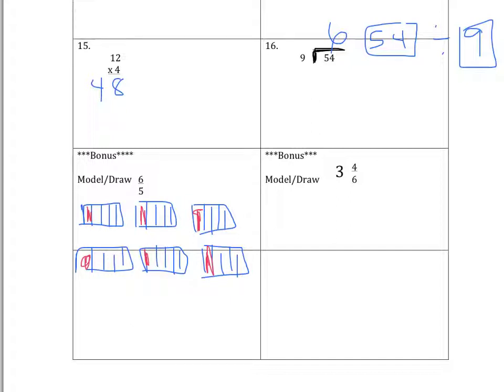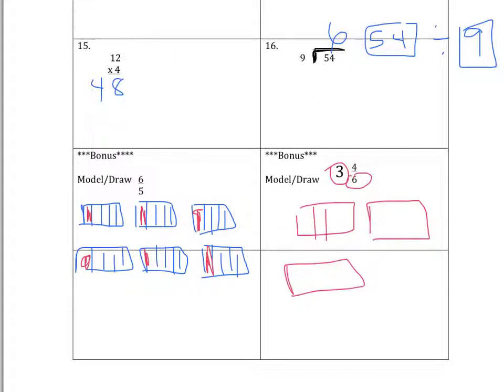Okay, and our last one we're going to model and draw 3 4/6. This number tells us we need 3 shapes. 1, 2, 3. And this number here tells how many to break it up into. Okay, so I color in all of those. Those are going to be my 3.